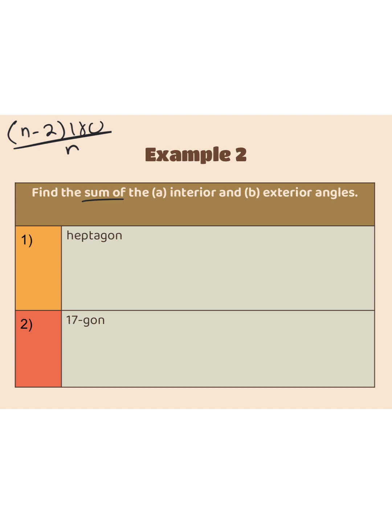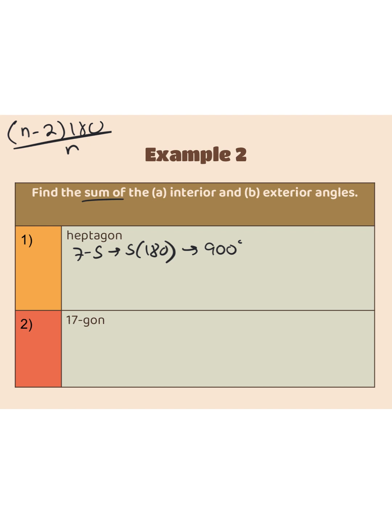For a heptagon, hepta means 7, so it's going to be 7 minus 2. So we're going to have 5 triangles. So we can say 5 times 180 is the sum of all of the interior angles. If we do 180 times 5, I get 900 degrees. So that is the sum of the interior angles.